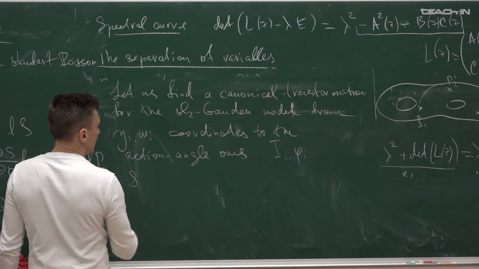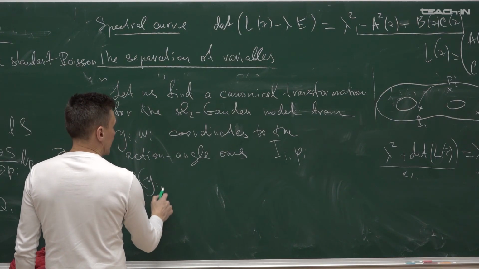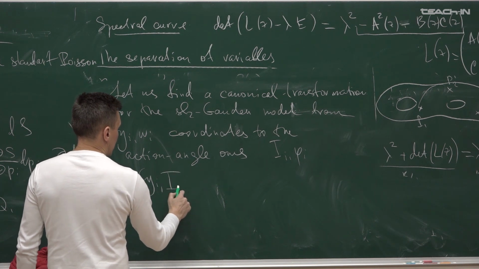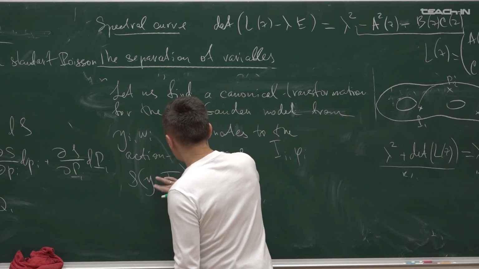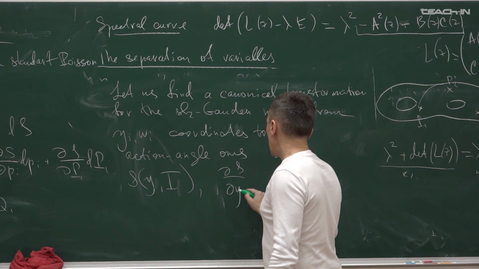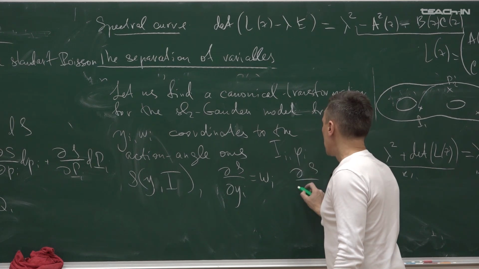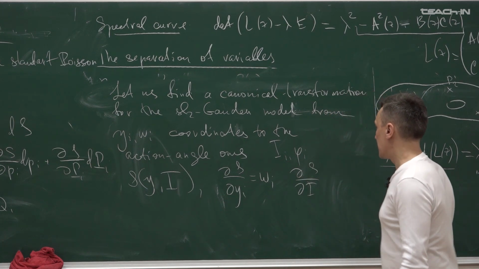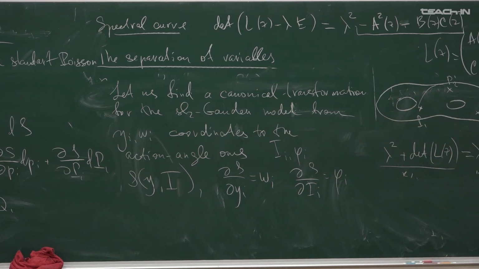So there is some function on y_i and I_i of all these, such that dS over dy_i is omega_i, and dS over dI_i is the phi_i coordinate. Capital I is the corresponding canonical momentum? Canonical action variables.